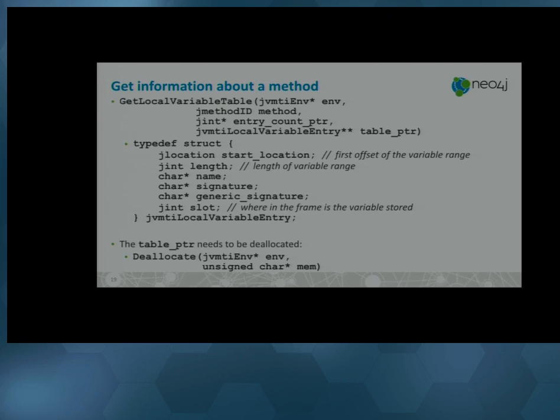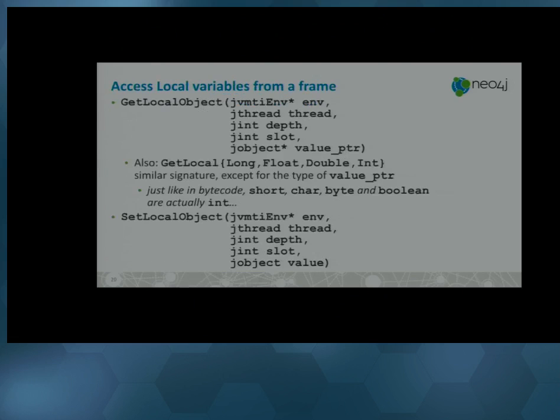So now that we've found our stack frame, gotten the information about it, found the method that it's executing there, gotten the local variable information for that method, and found which slot contains the particular local variable by name that we're interested in, we can call the getLocalObject or getLocalFloat or getLocalLong method to get the actual value stored in that local variable. We can even set the local object.